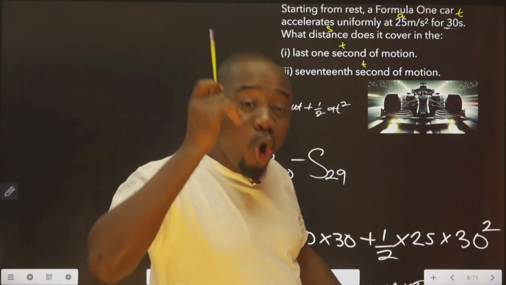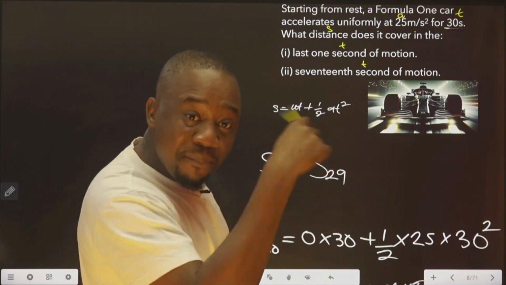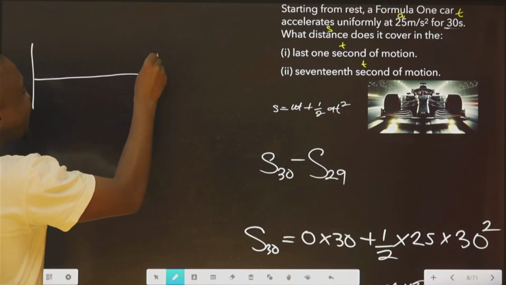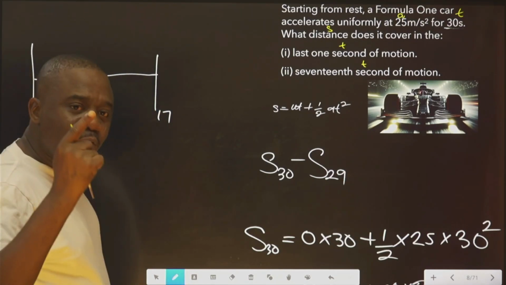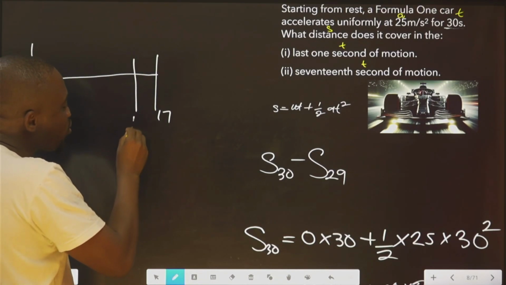For 17 seconds, all you have to do is connect it to the beginning. So from the beginning to 17, and to get it exactly, we must know that of 16.